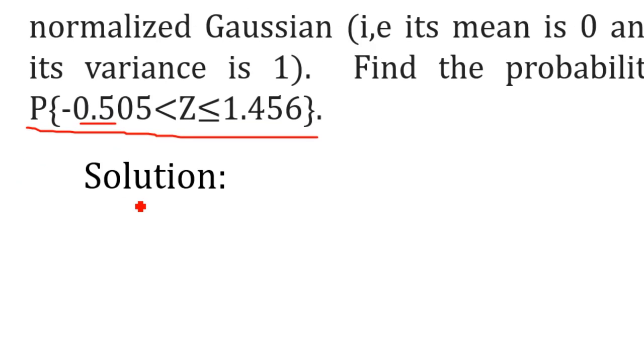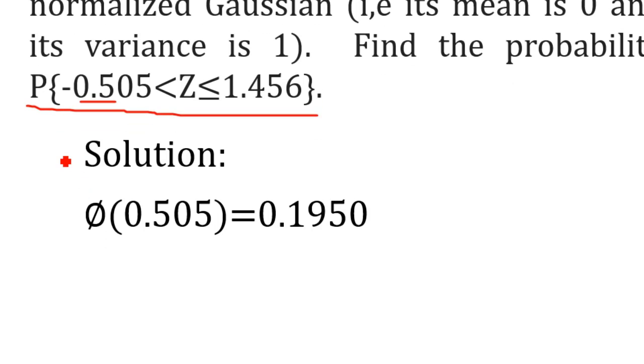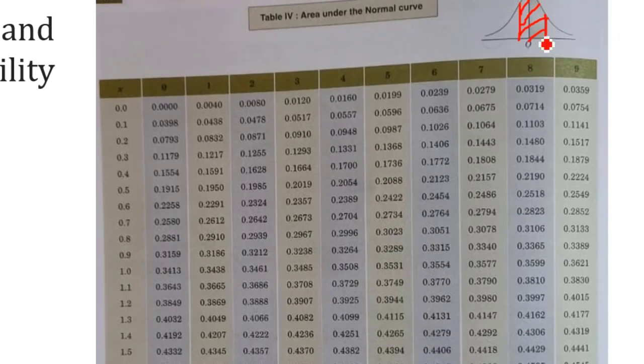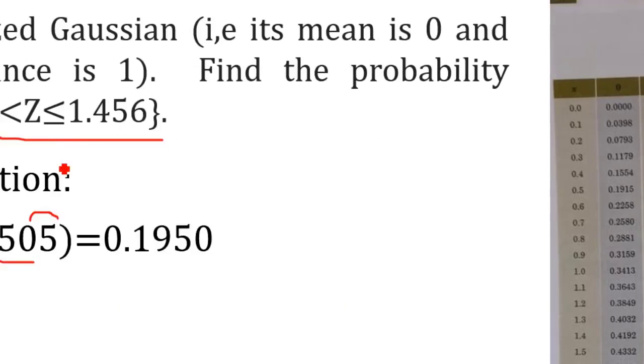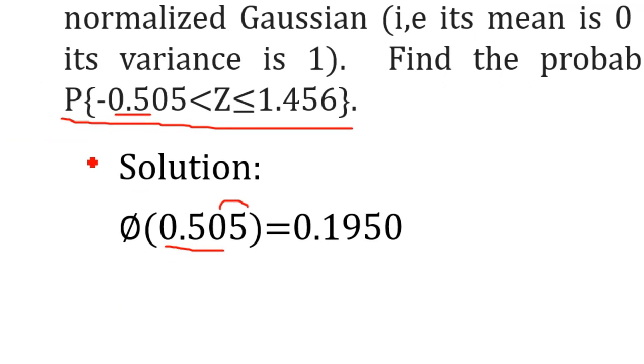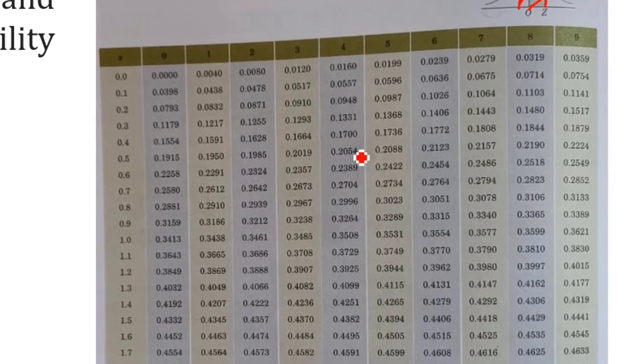Now first we'll calculate the probability density function at 0.505. Can I round it up to 0.51, because only two digits after the decimal point are available? Where is 0.5?